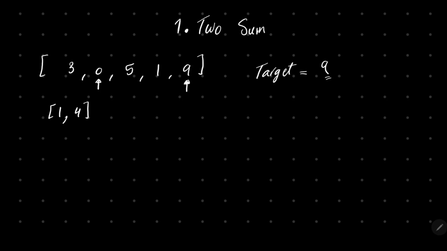Why is that? Because we are supposed to return the indices, not the numbers themselves. Okay, so the indices, let me highlight them: index 0, index 1, index 2, index 3, index 4. So that's why it's index 1 and index 4. Is that clear so far?